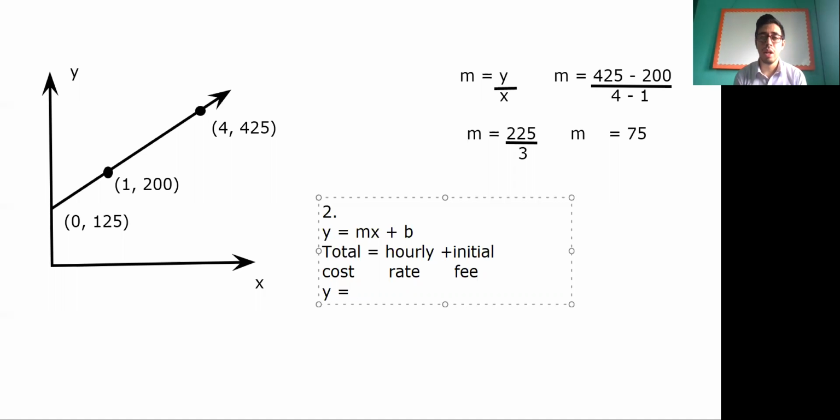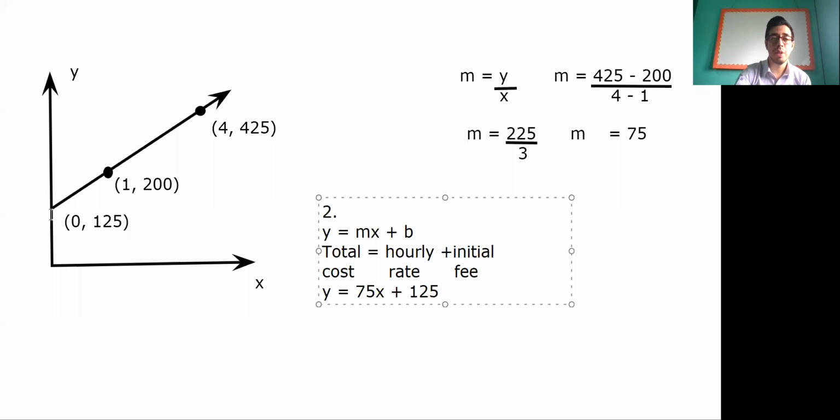Y is equal to, what is the hourly rate? For each hour it is 75 and I multiply by the variable x, so I have 75x. And the initial fee, what is the initial fee? The y-intercept I have is 125. Remember, it's 0 for x at this point.